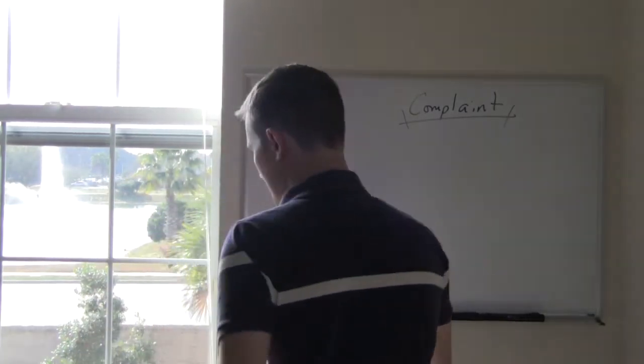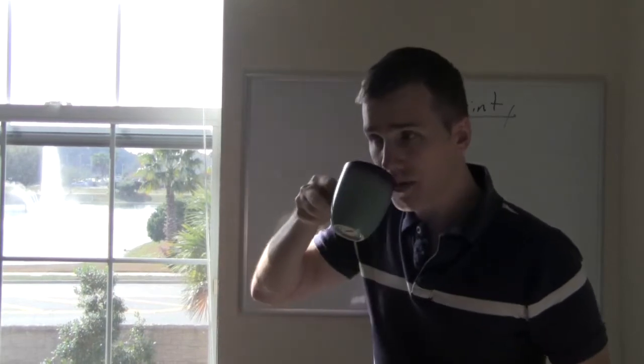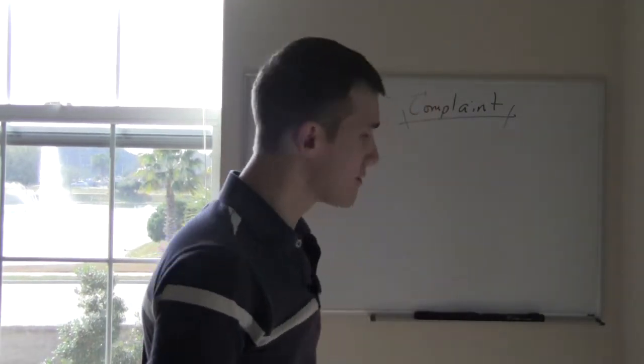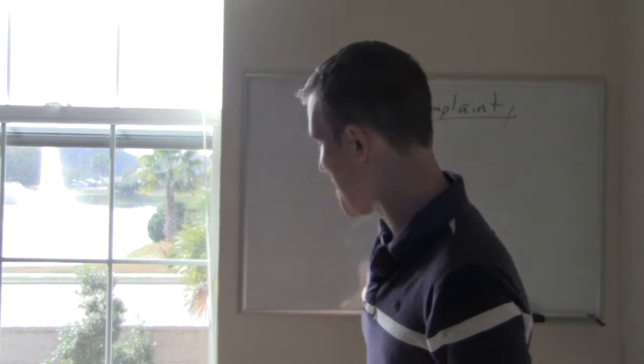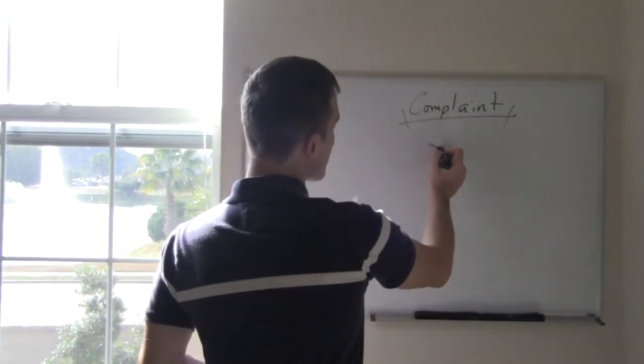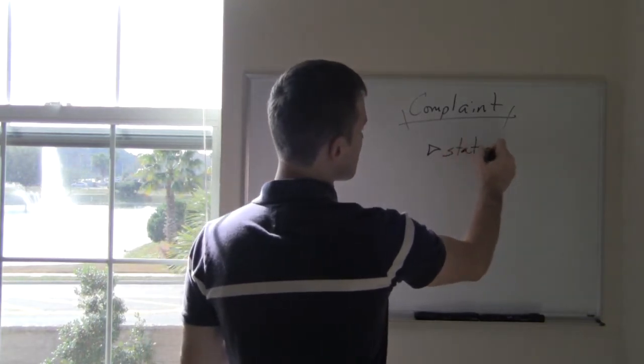So what's the complaint made of, or what sort of items are in a complaint? And for those who were in my civil litigation class last semester, you should know this. But this is an overview. So what you're going to see in the complaint is a statement of jurisdiction.